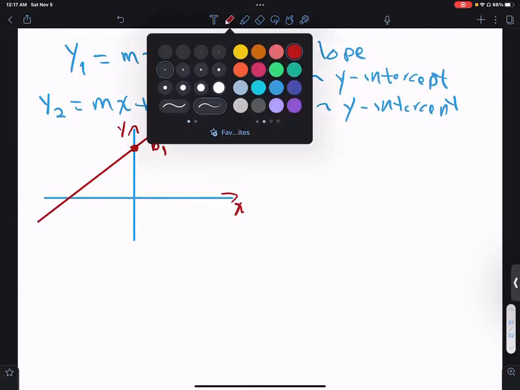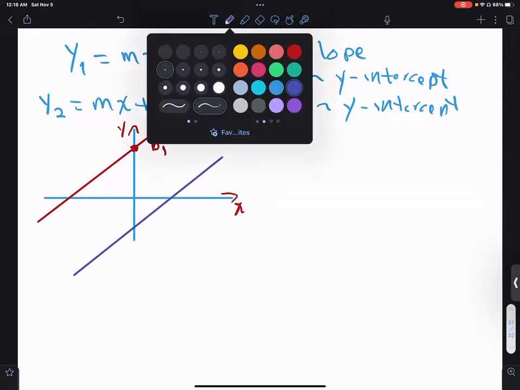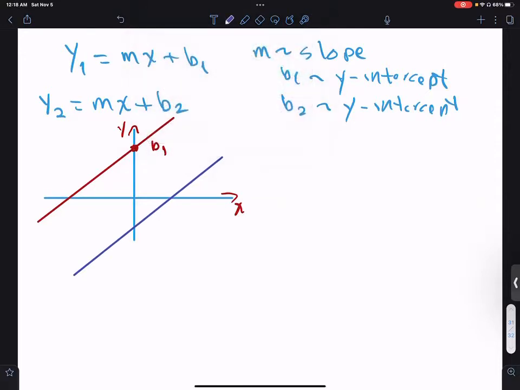And now this one is y2, with y-intercept b2. I want to calculate the distance between these two lines. This distance is the same as this one.